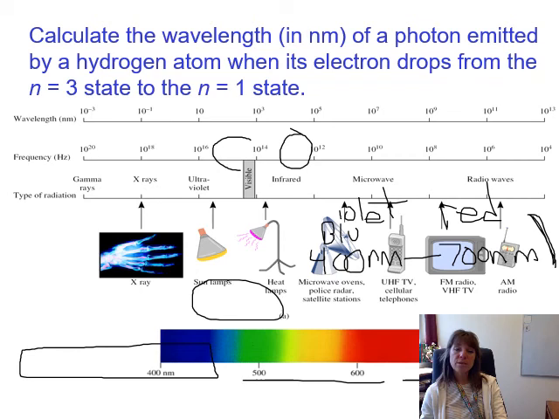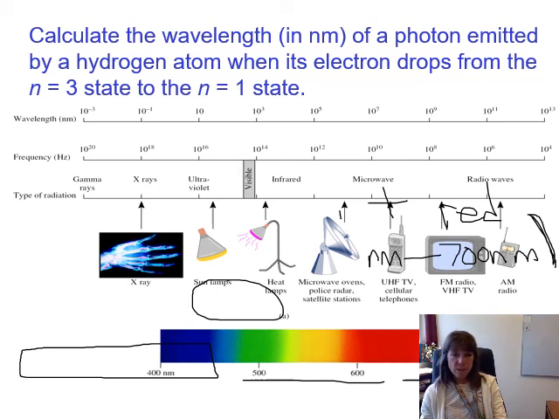So we could look here. On that previous slide, it was 822 nanometers, or 8.22 times 10 to the minus 7th meters. This is in nanometers, so we would still want to look at 822 nanometers, and that would be in here somewhere.